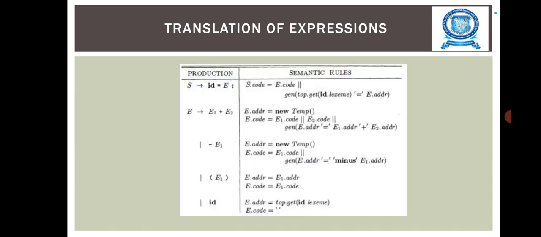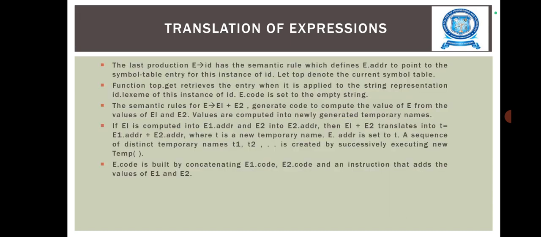This is the example for the translation of expressions. The last production E → id has the semantic rule which defines E.addr to point to the symbol table entry for the instance of id. Let top denote the current symbol table. The function top.get retrieves the entry when it is applied to the string representation id.lexeme. The semantic rule for E → E1 + E2 generates code to compute the value of E from the values of E1 and E2.